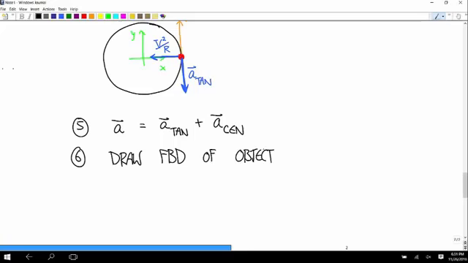And then the last thing is you're going to use Newton's second law to calculate some kind of unknowns.